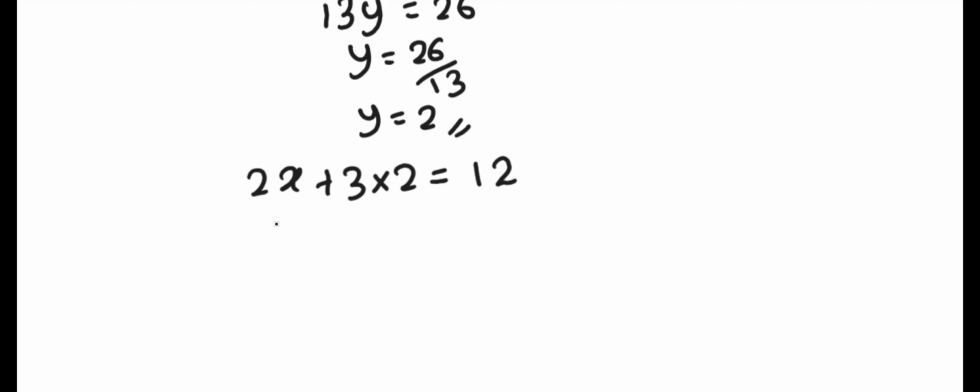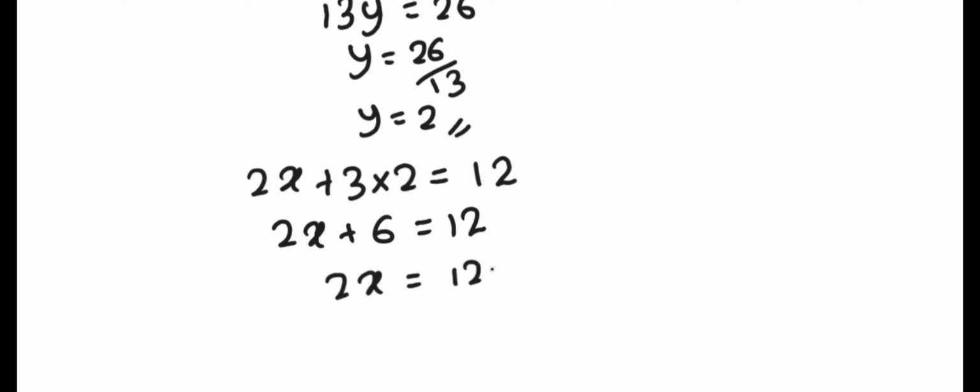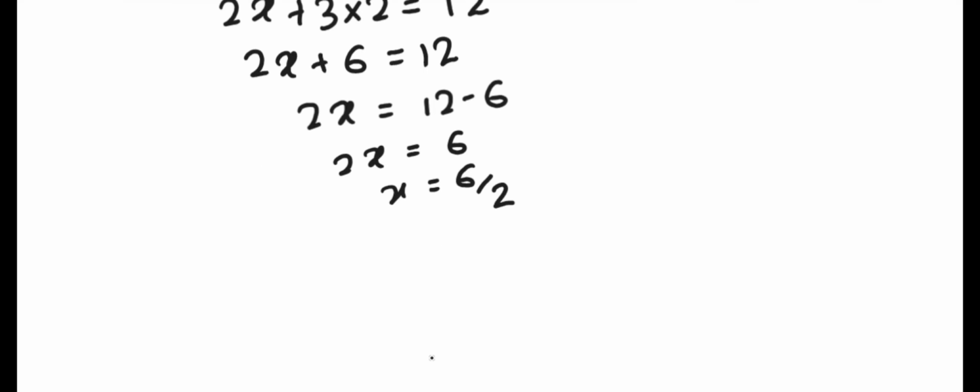So 2x plus 6 equals 12. 2x equals 12 minus 6, which means 2x equals 6. x equals 6 divided by 2. So x equals 3. So we got the answer for both variables, y equals 2 and x equals 3.